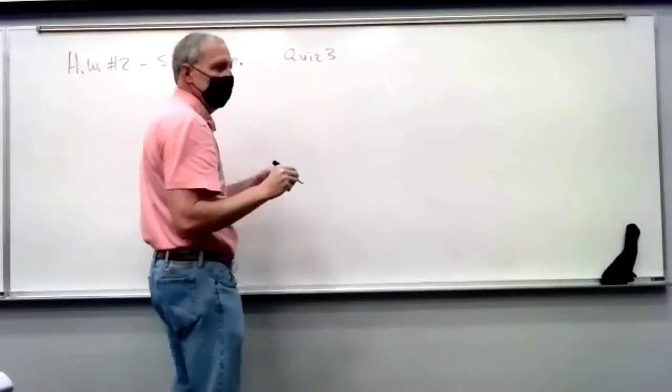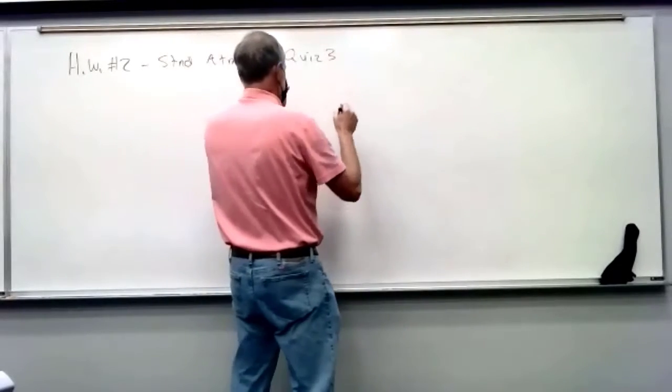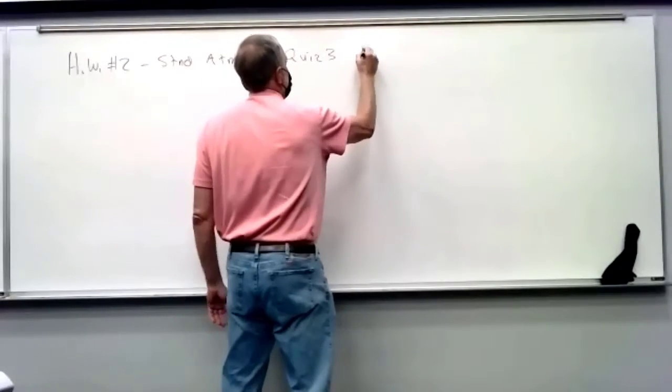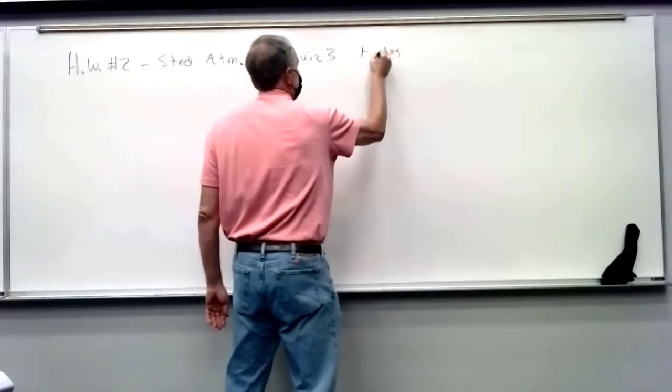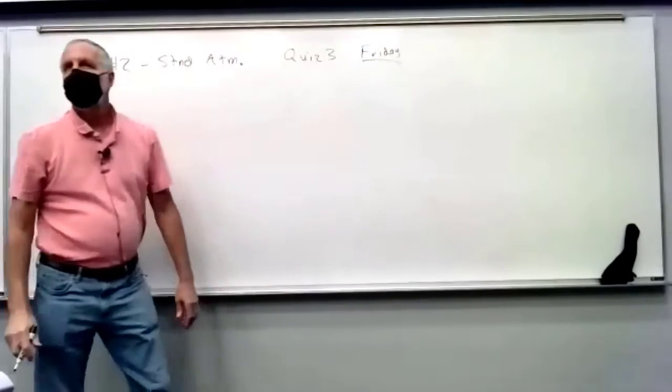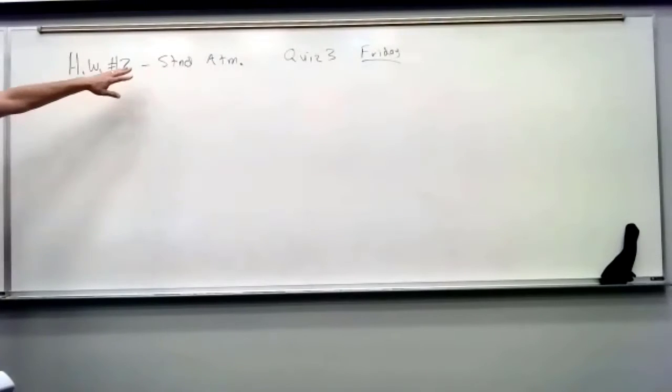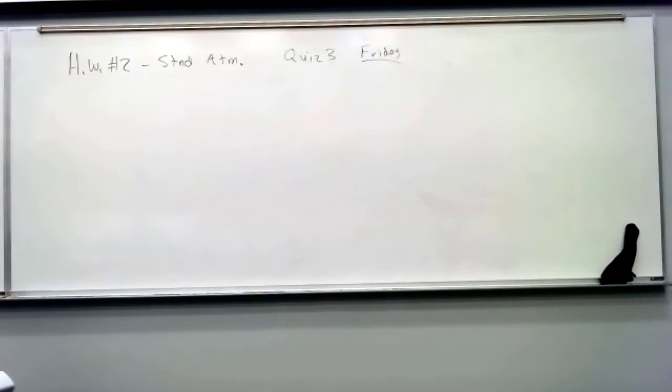So I guess that's quiz number 3 on next Friday. So that'll be in here. So that means on Wednesday we'll go over the homework. There's only 4 problems. This should be fairly quickly. I mean, it's not going to be sit down in 2 minutes, you're going to be done, but it doesn't take a long time to do this.